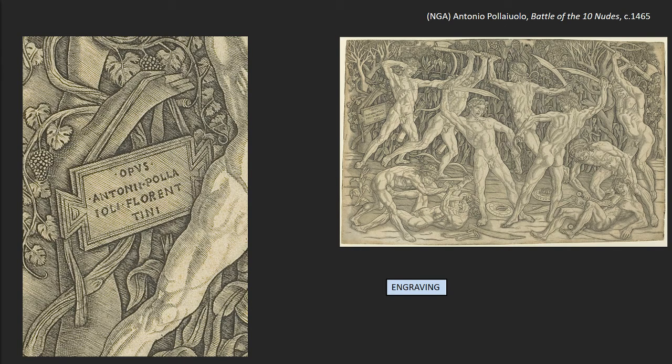It's signed in the back in Latin: Opus Antoni Pollaiuolo, his name's so long, you couldn't even get it on one line. Florentini. So this is the work of Antonio Pollaiuolo of Florence. And that becomes a really fascinating part of this, because I think this print was made to distribute, to show people what he is good at: the human body in action. Anatomy.